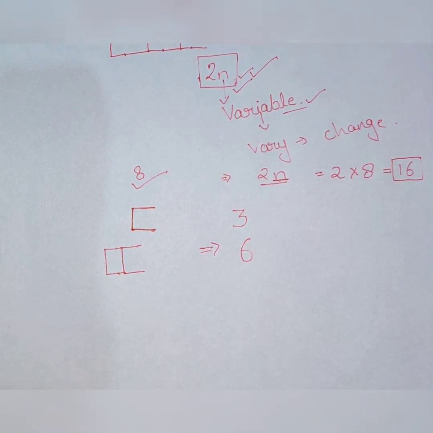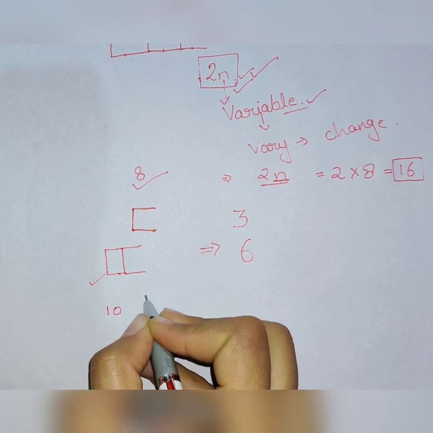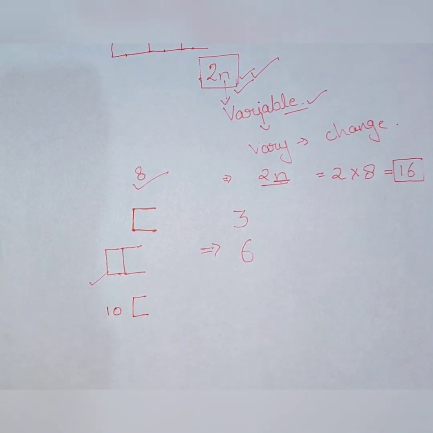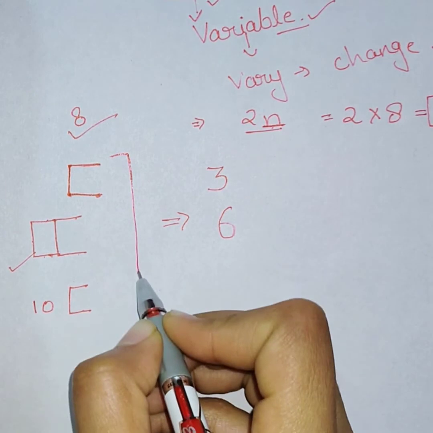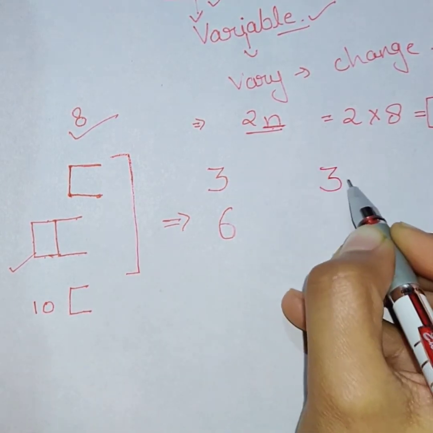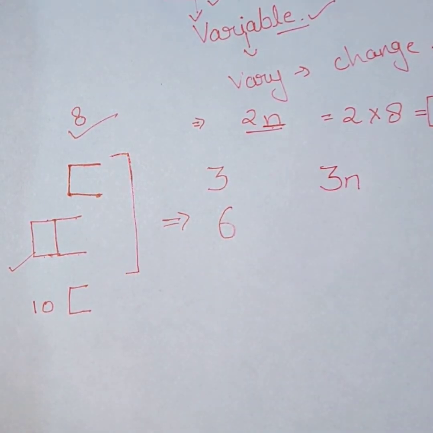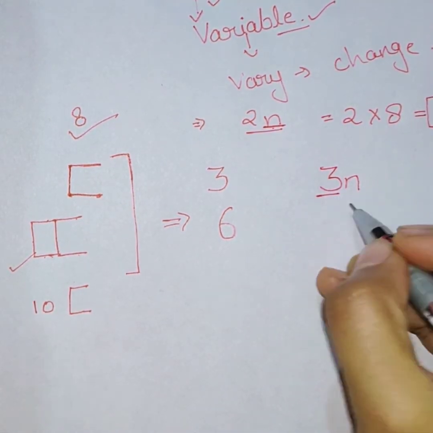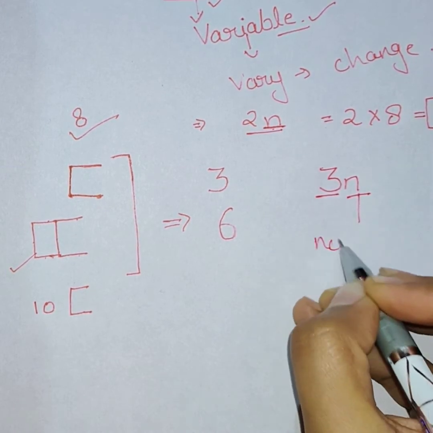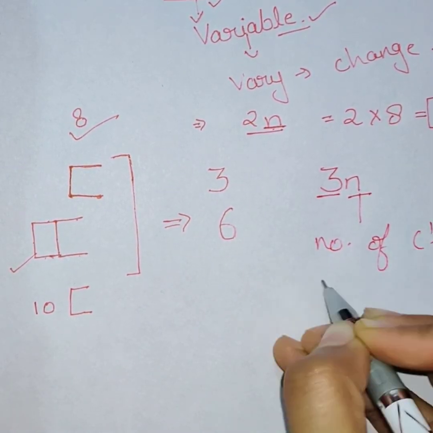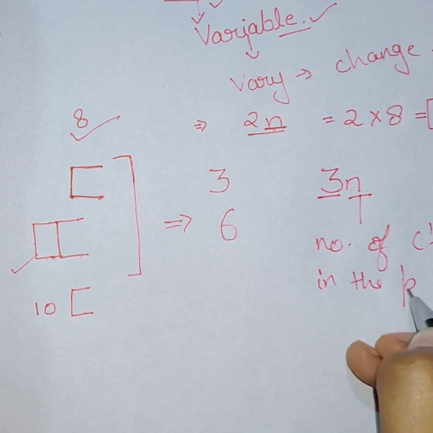Now for some C's we can count, but what if you are asked to find the number of matchsticks used for making 10C? What you will do is derive a formula from here, that is 3n. Why 3n? 3 is the number of matchsticks used for making 1C and n is the number of C's in the pattern.